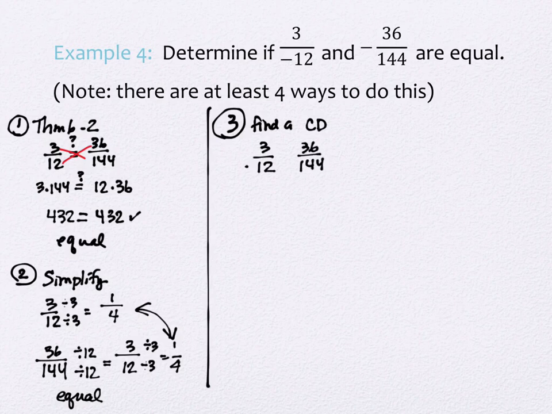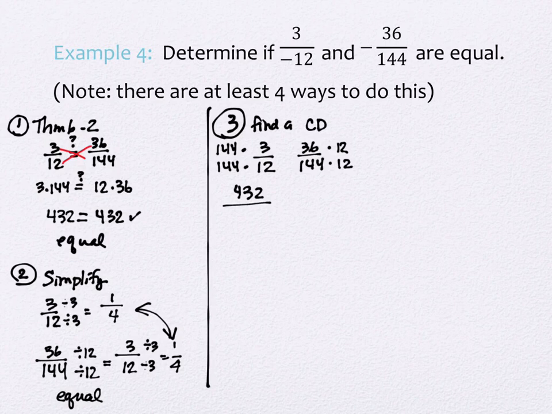And what you do is you multiply the 12 by the 144, and you multiply the 36 and the 144 by 12. These are big ones. So what is 144 times 3? 432, we did that before.